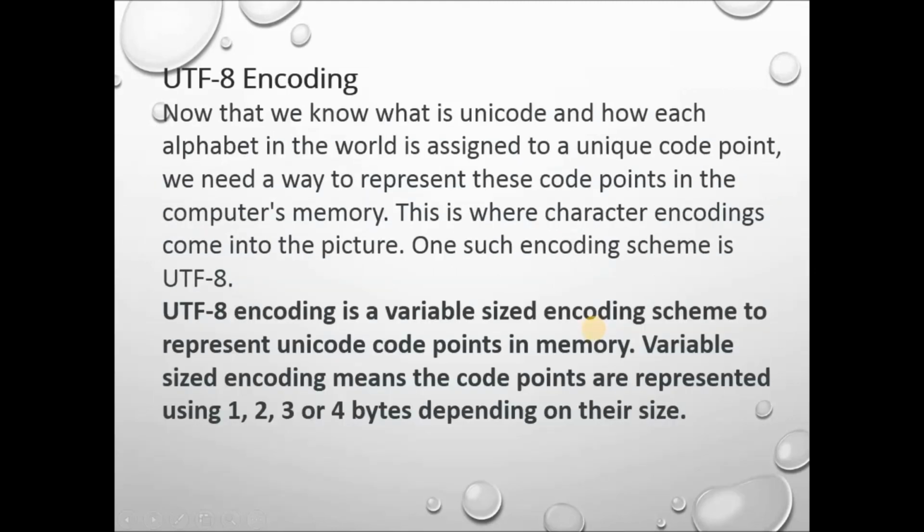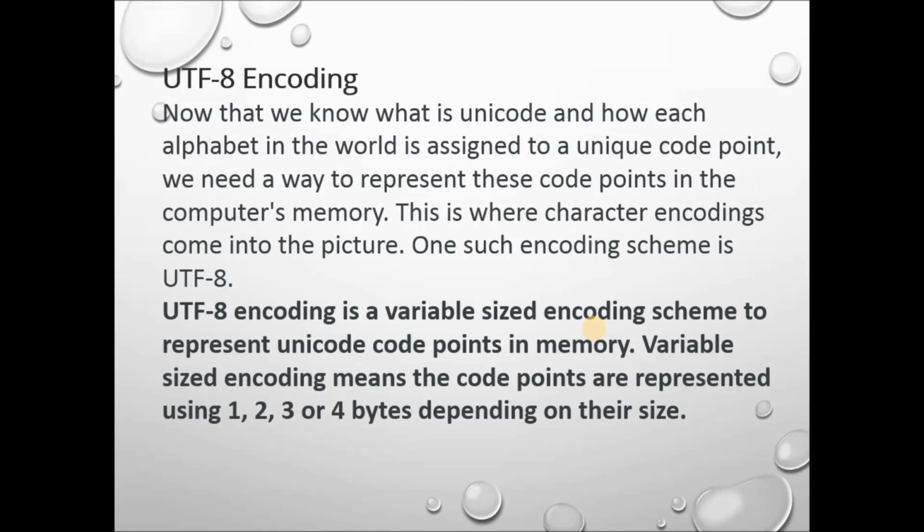UTF-8 encoding. Now that we know what Unicode is and how each alphabet in the world is assigned a unique code point, we need a way to represent these code points in the computer's memory. This is where character encoding comes into the picture. One such encoding scheme is UTF-8.